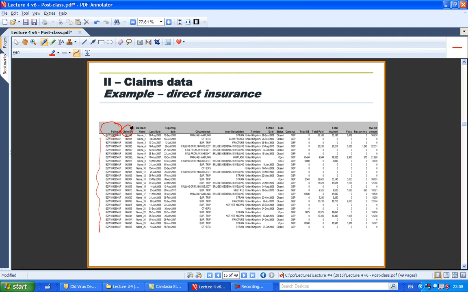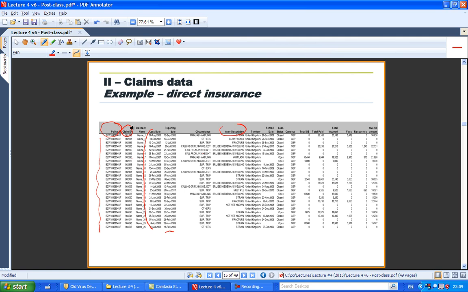Then there's the name of the claimant, of course. This has been anonymized. The loss date, the reporting date. Obviously, the reporting date is always after the loss date, and the circumstance, or let's say the claim description, and in this case we have also the injury description.